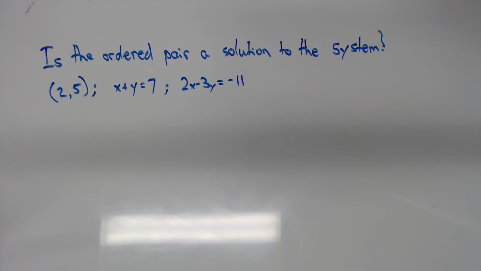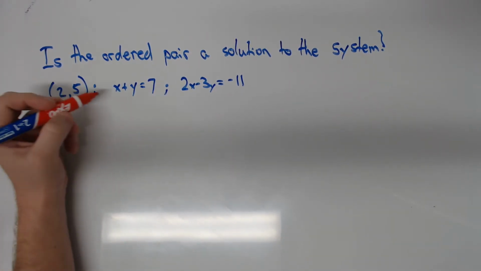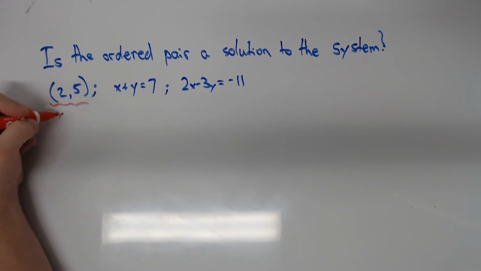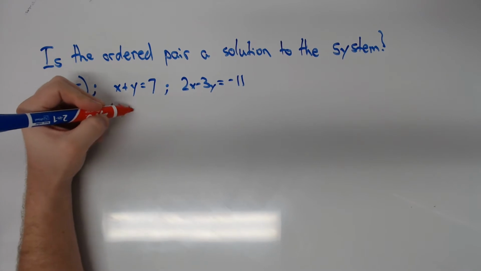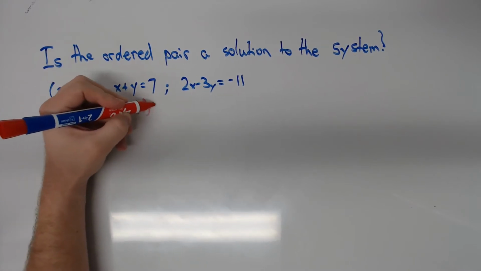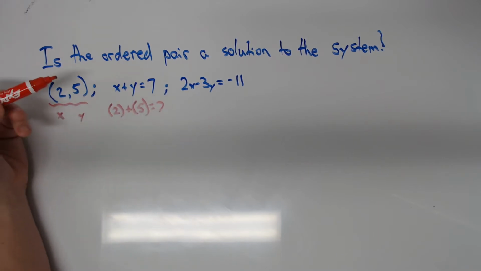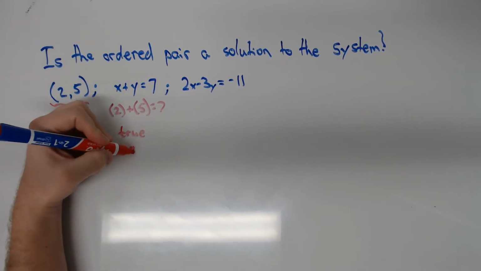Here's our first type of question, just to reinforce that idea of what a solution is. For this point to be a solution, it has to work for both of these equations. So if I plug in my x and my y, 2 plus 5, I like to put parentheses around things I plug in. 2 plus 5 equals 7. That's true. Give that a little happy face.